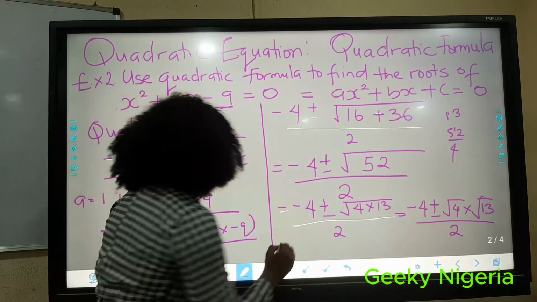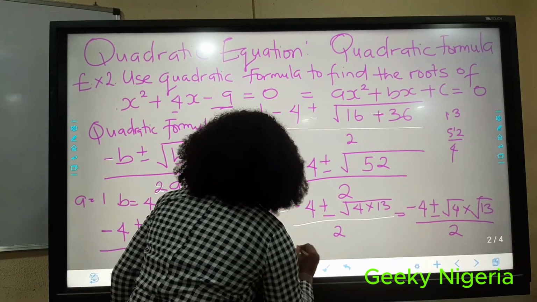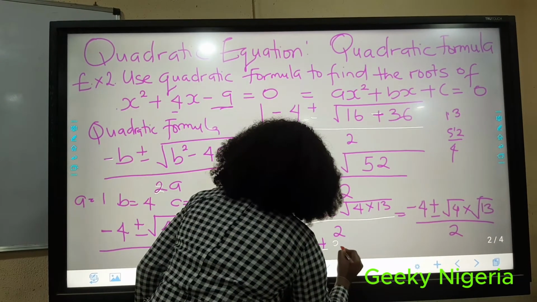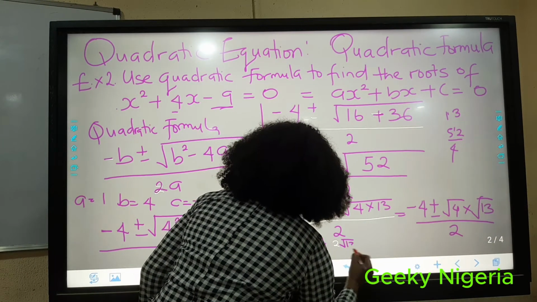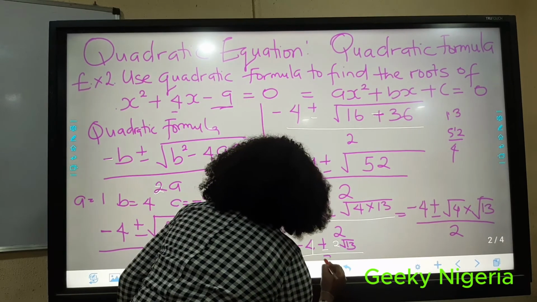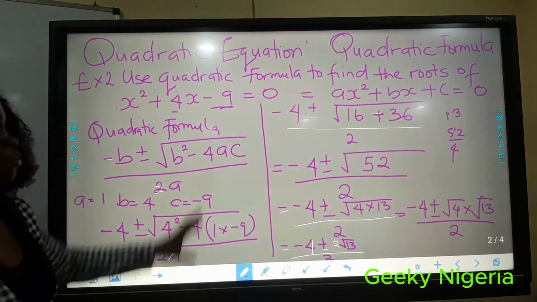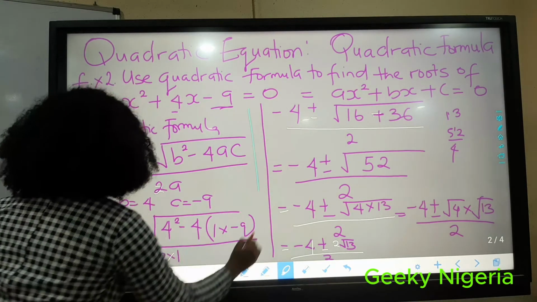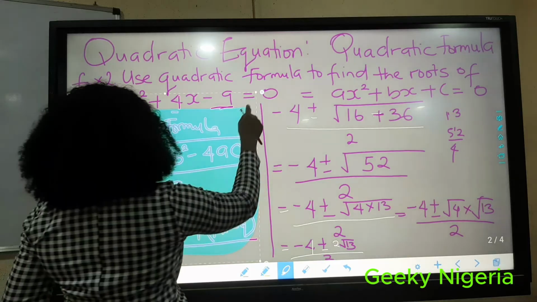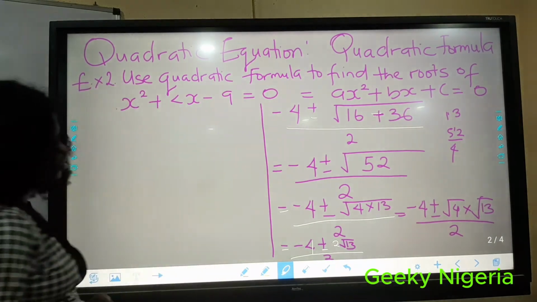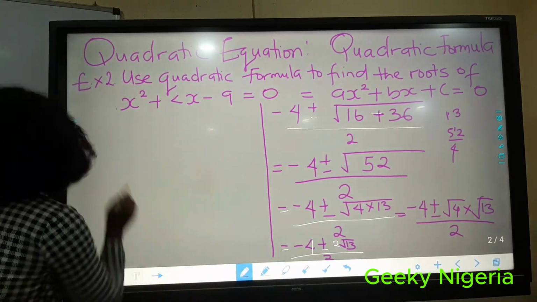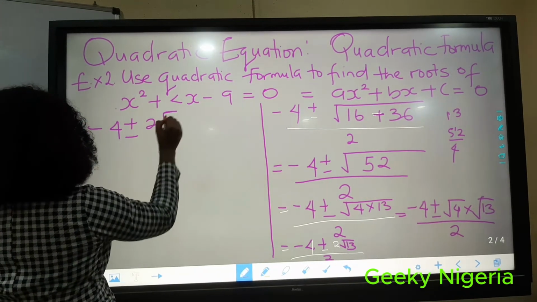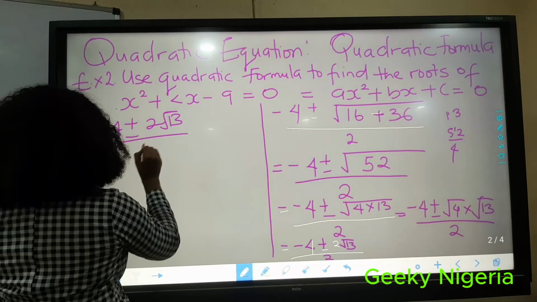So if you want to reduce that, you have minus 4 plus or minus 2 root 13 all over 2. Okay? So I'm going to clean this one here so that we can see what we're doing. So you can see we have it as minus 4 plus or minus 2 root 13 all over 2.